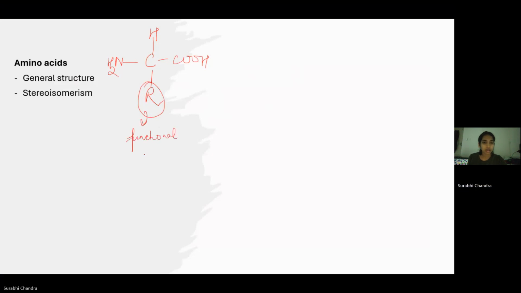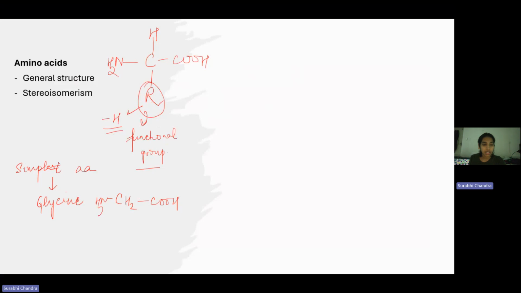The simplest amino acid is glycine, where this R group is replaced by H. So it is basically CH2, COOH, and NH2.